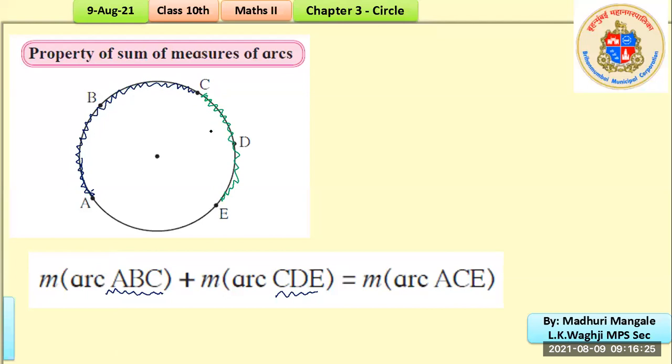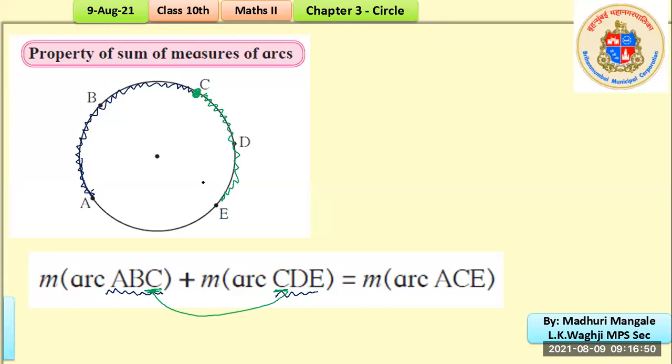If I want to find the sum, or add two arcs, what is the condition? There is only one condition: the last letter of the first arc and the first letter of the second should be the same. Or we can say that at least one point on both arcs should be the same. Like this point, C is common in both of them, so we can add those two arcs.